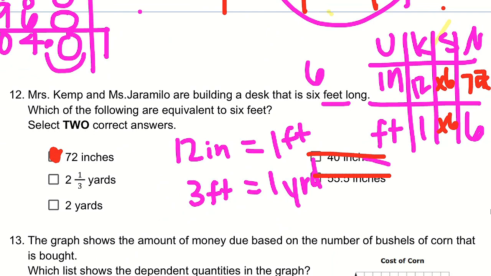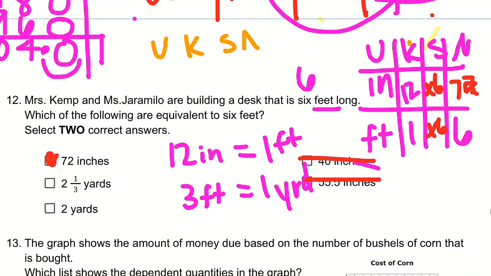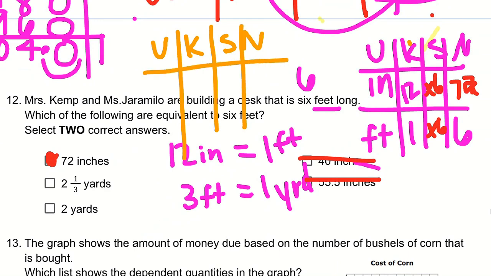Love it. So let's go ahead and make another UKSN. I'll change colors so we can hopefully see it better. For this one, we have the 6 feet, so one of my units is going to be feet, and my other one is going to be yards.